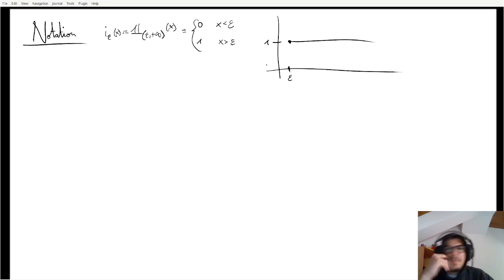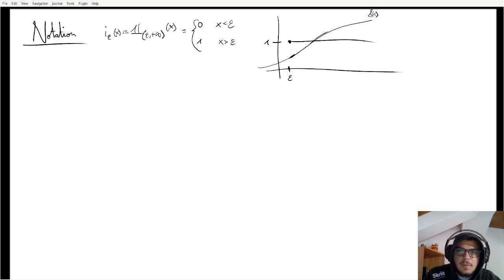So for example, if we have a function f of x, the resulting function will be this one here, and here it will be 0.